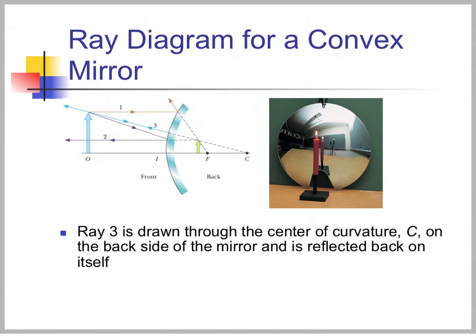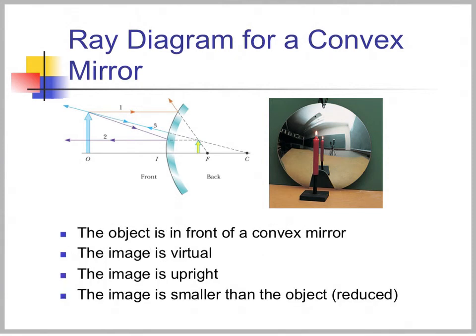And ray 3 is drawn towards the center of curvature and is reflected back on itself. And again, rays 1, 2, and 3 all are diverging, and they appear to be diverging from this point behind the mirror. So the image is virtual, the image is upright, and the image is smaller than the object.